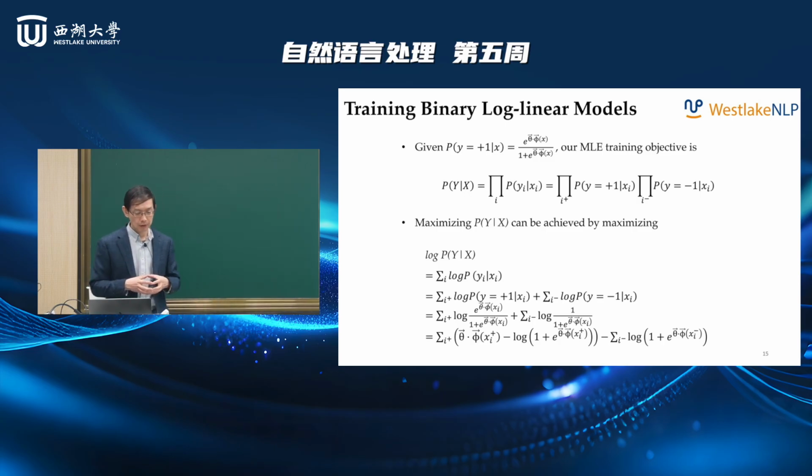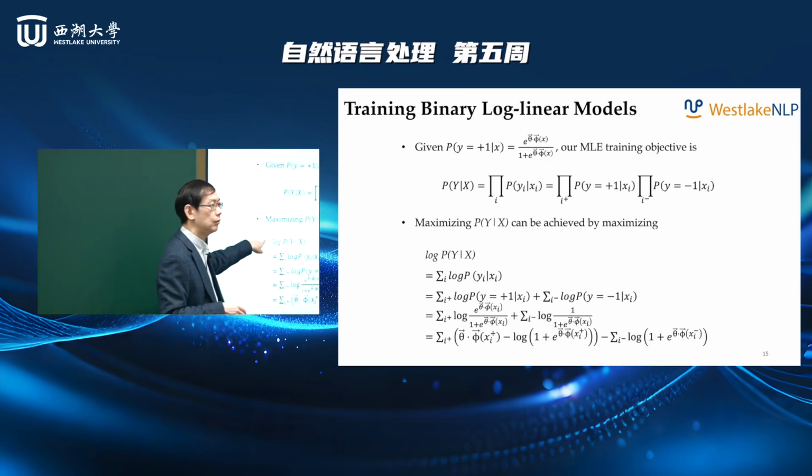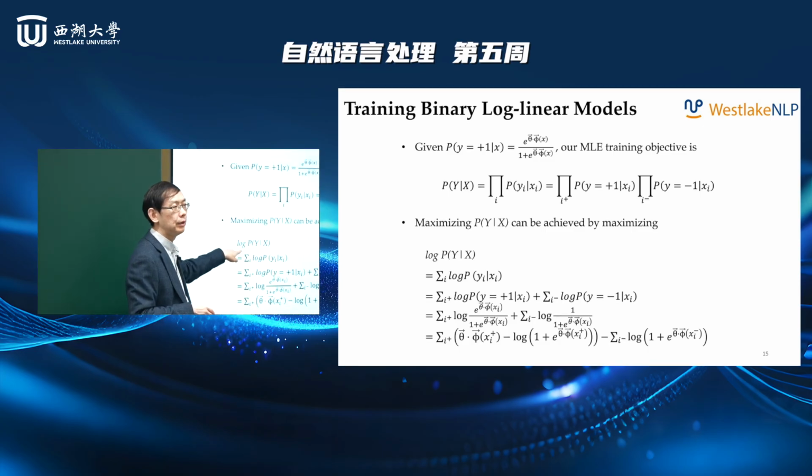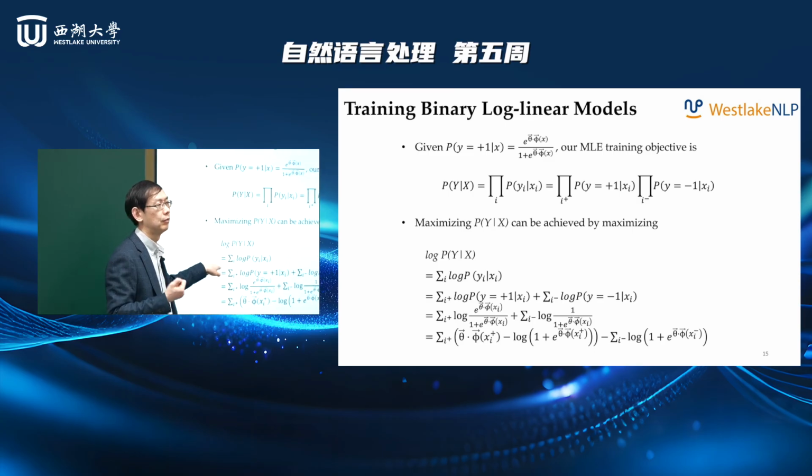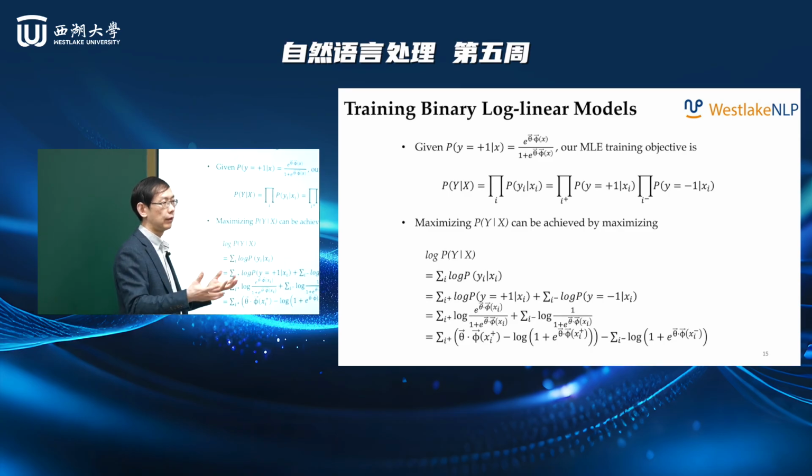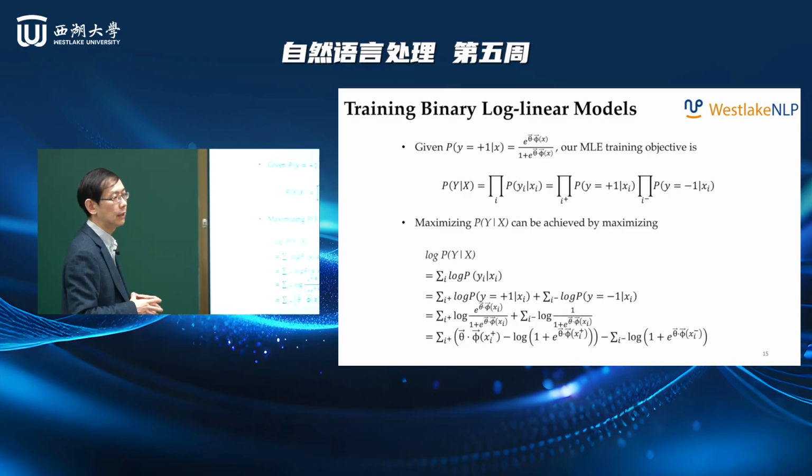And then we further turn this probability into a logarithm of the probabilities, and you get two sums. If you see the equation here, the logarithm of the data likelihood will be the sum of all positive instance probabilities' logarithm, plus the sum of all negative instance probabilities' logarithm.